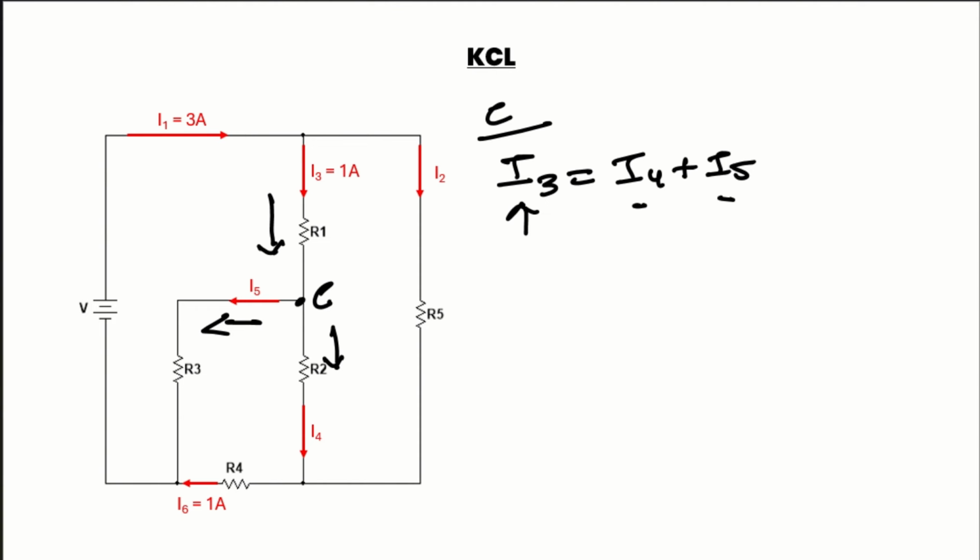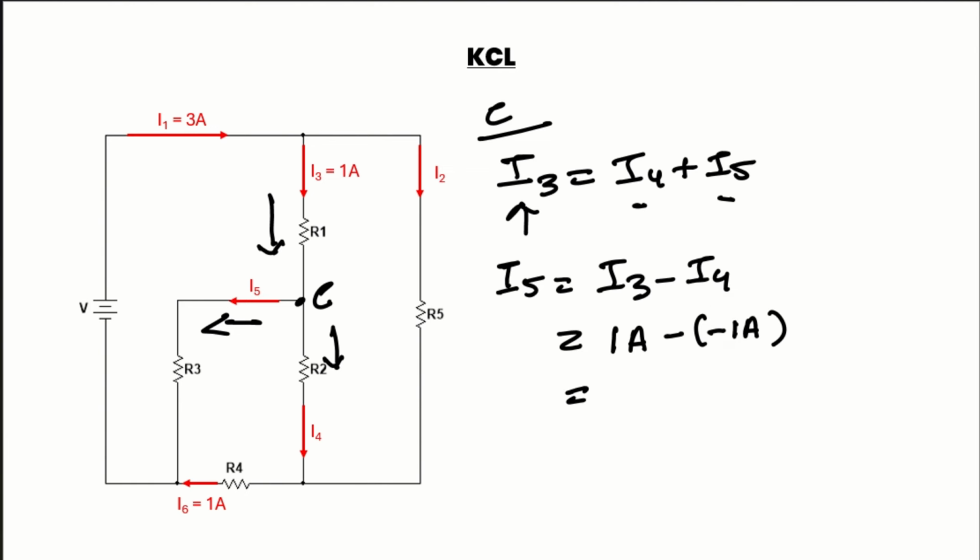Then I5 should be I3 minus I4. I3 we already know, which is 1 ampere, minus I4, which we previously found to be minus 1 ampere. So it will be 2 amperes.